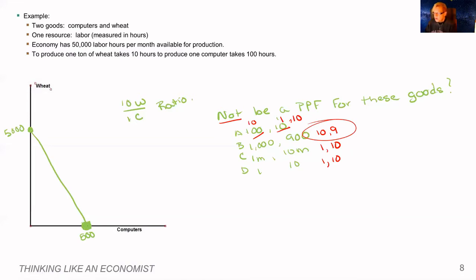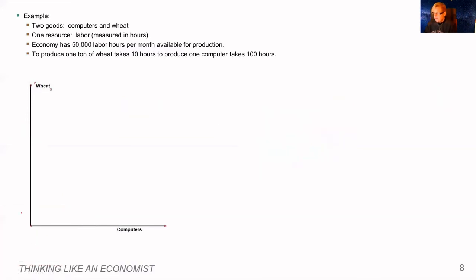I also wanted to take a moment, and I'm going to erase this slide for a second, and show you a shortcut. If you're good with the math, by all means, use the shortcut. So I'm going back to the original problem, and remember we started off, and you have to use the all or nothing approach even if you're using a shortcut.